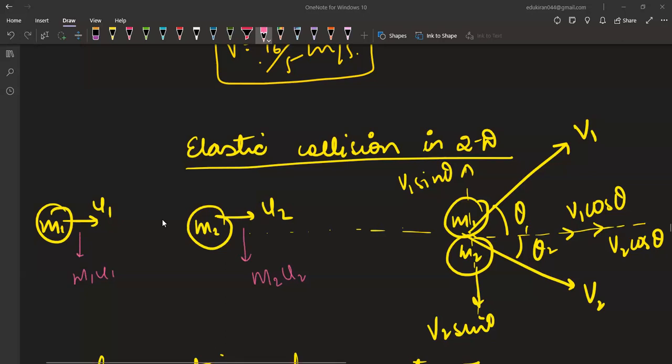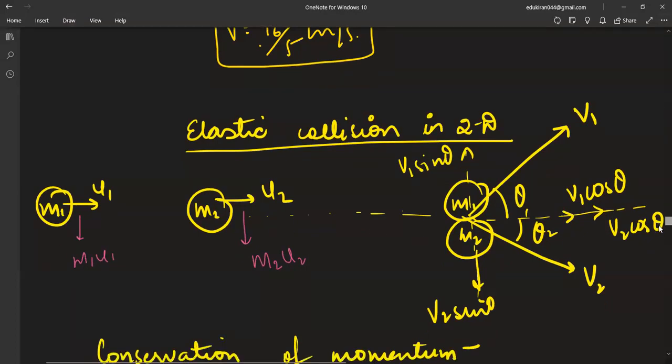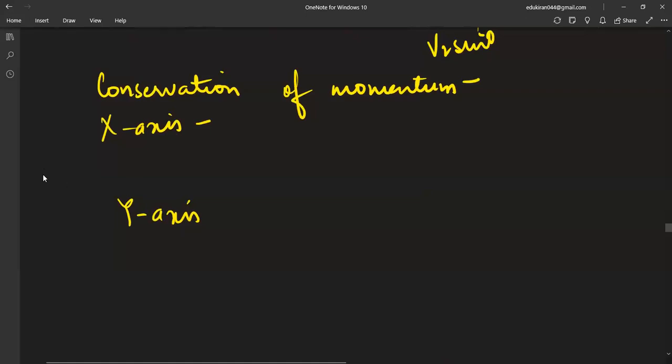U1 is the initial velocity of the first mass, U2 is the initial velocity of the second mass. Momentum is mass into velocity. So the conservation of momentum: M1U1 plus M2U2 is the initial one.